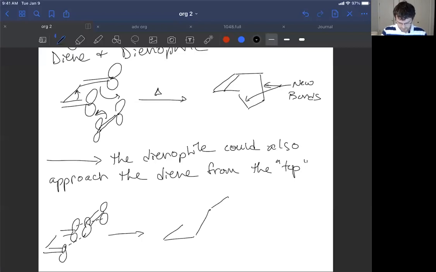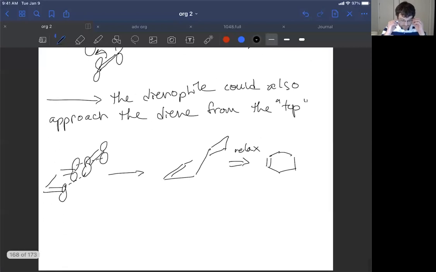Okay, here's your diene. This could relax to the same structure that we see usually, which is a cyclohexene. Anyway, the point is we could have the diene and the dienophile mixing and matching who's coming in from the top face and the bottom face of the other one.